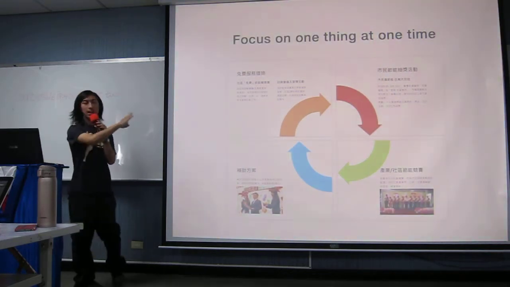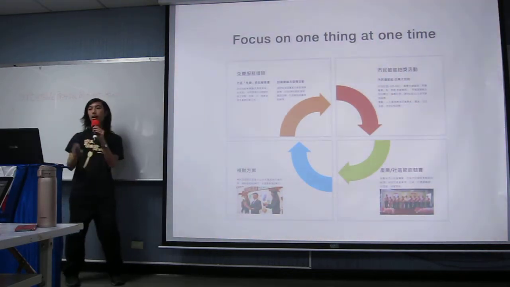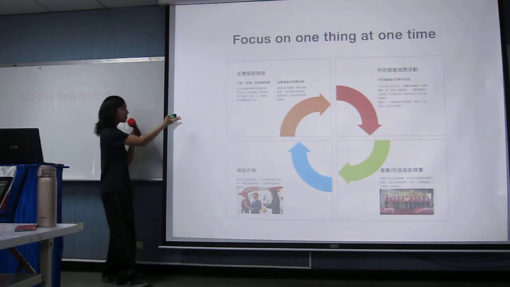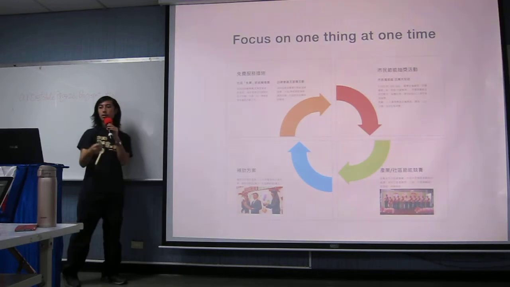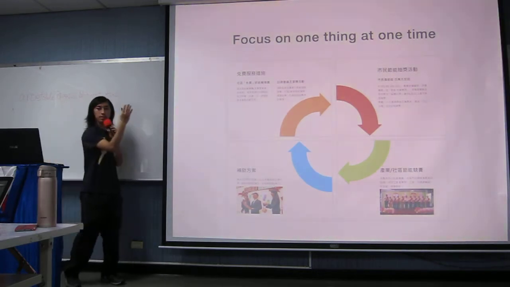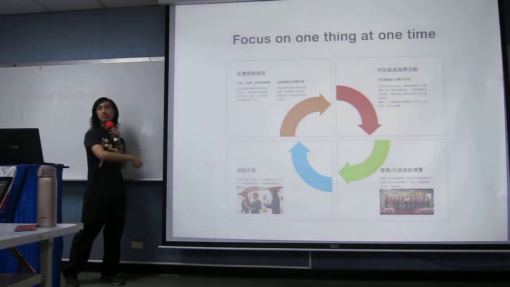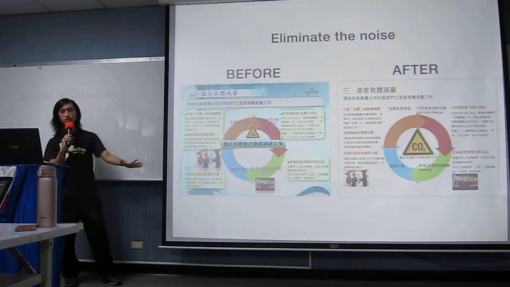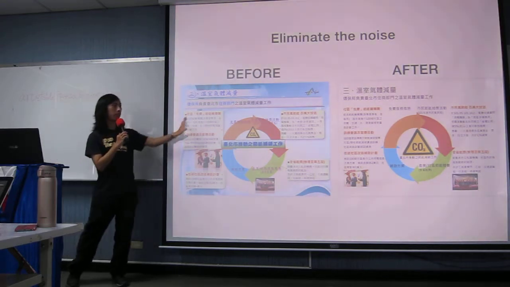Through dividing the slide into 4 pieces, you can focus on the theme. Focus on one thing at one time. Gradually show your details and force your audience to focus on the thing you are going to talk about. So only through reducing the noise, you can make the slide far better.